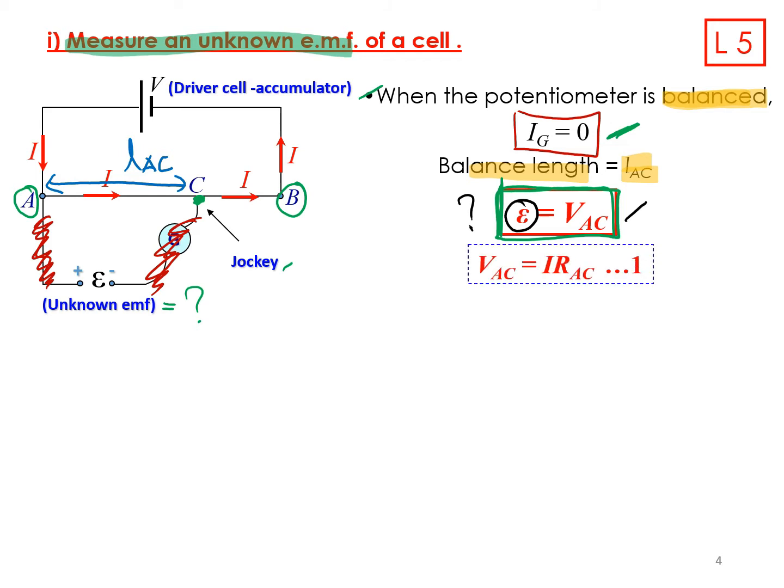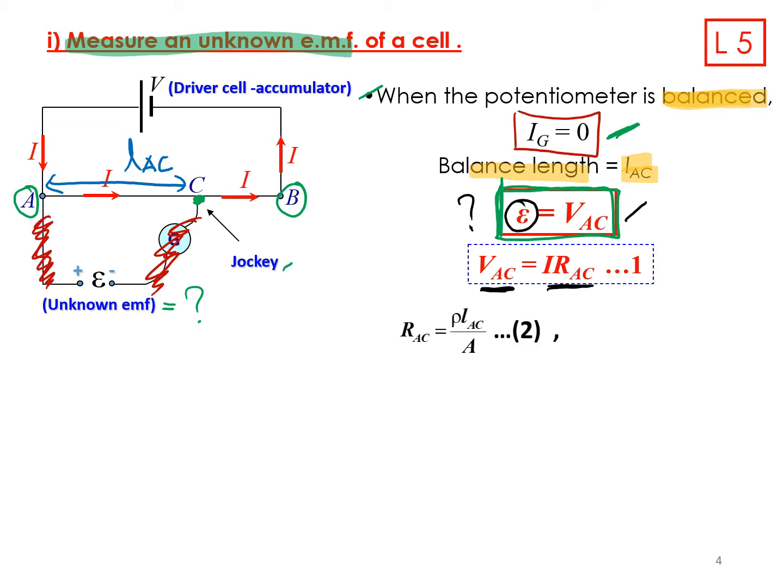Alright, back to the basic concept of Ohm's law. To find the potential difference across AC, we just use VAC equals to I RAC. And AC is a wire, right?